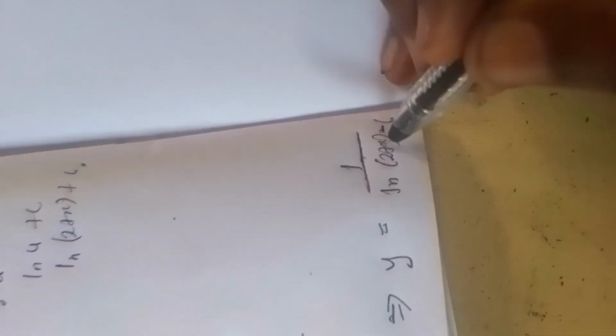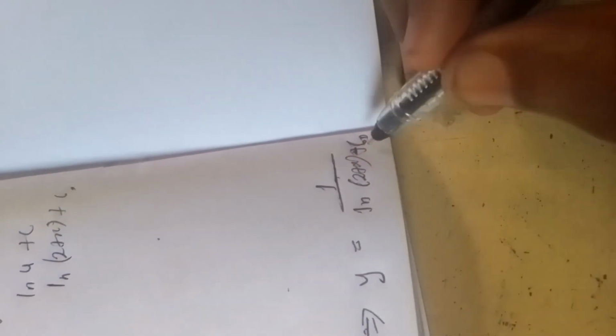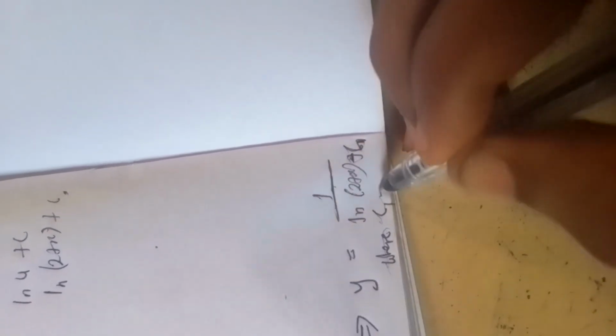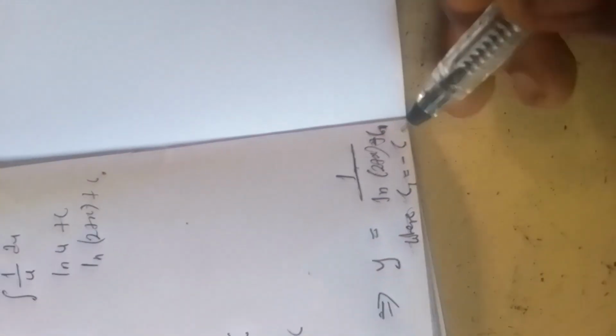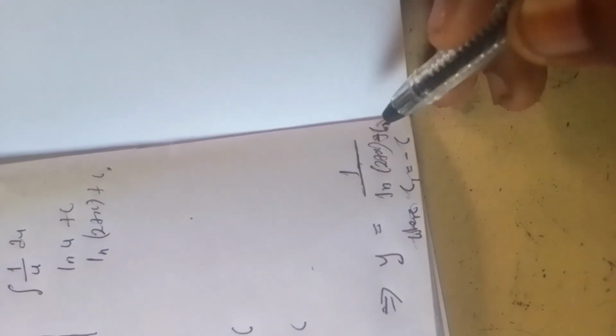I can make it plus c. Let me make it plus c1, and I will put a condition that c1 is equal to minus c. So my final answer is 1 over ln(2 + x) plus c1. That is my final answer. So that is how to solve a question.